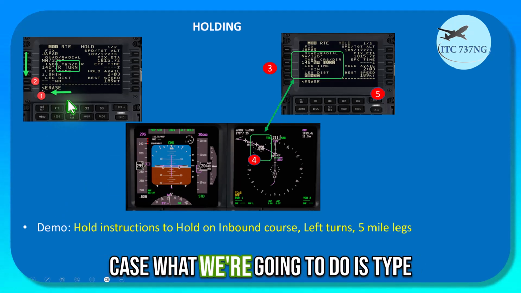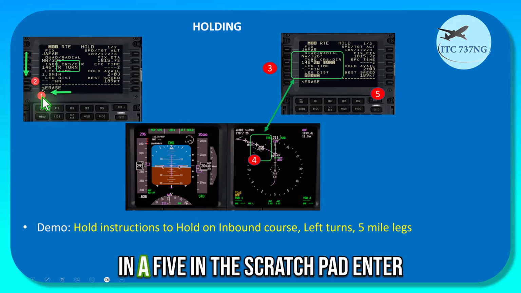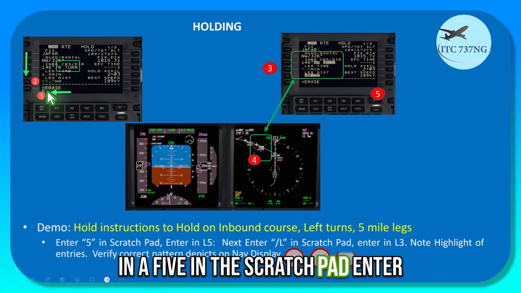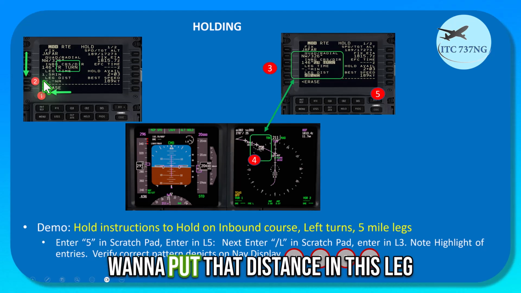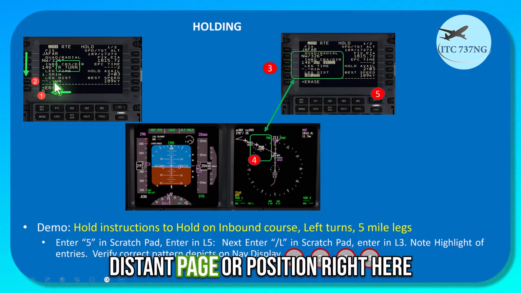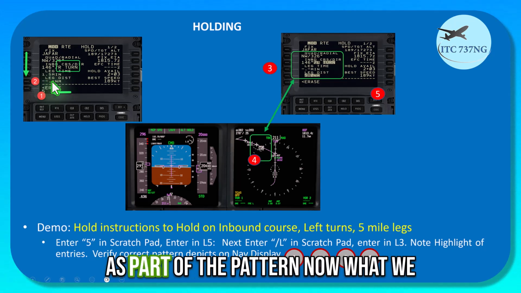In this case, what we're going to do is type in a 5 in the scratch pad, enter that 5 into L5, leg distance. So we want to put that distance in this leg distance page or position right here as part of the pattern.